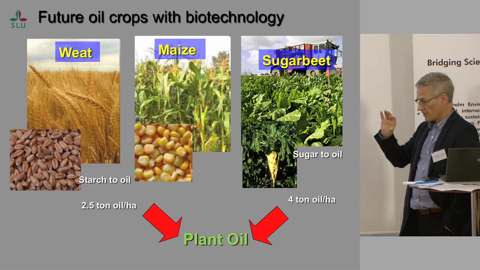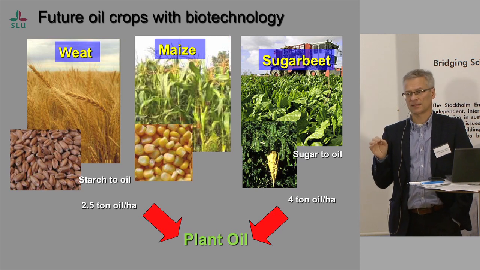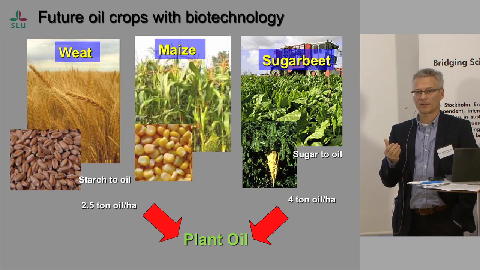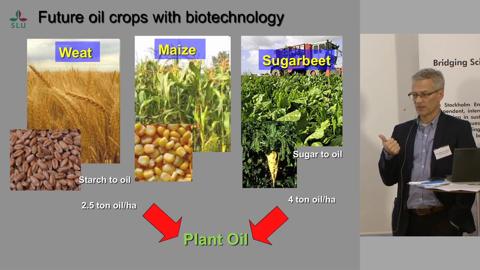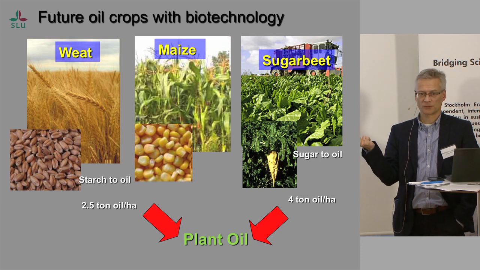But I'll make it short. How we are looking at this is that we think that in the future we need to think about oil crops in a different way than today. Today we're thinking rapeseed, sunflower, palm oil.